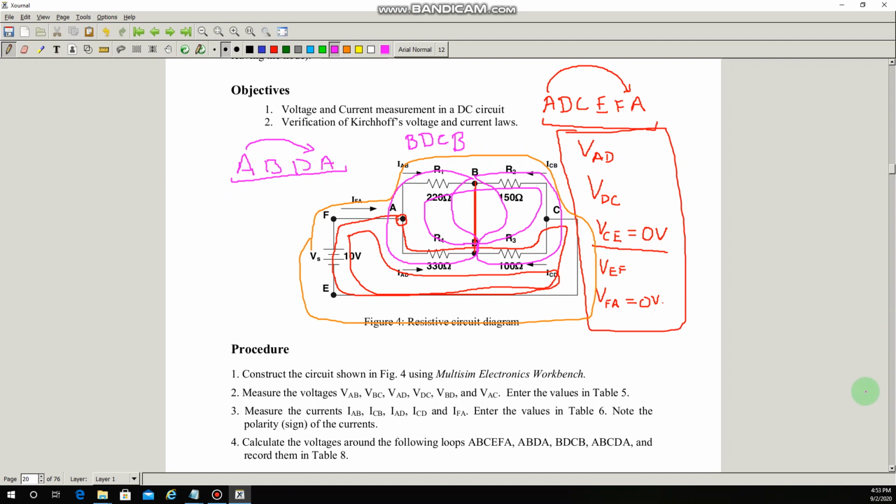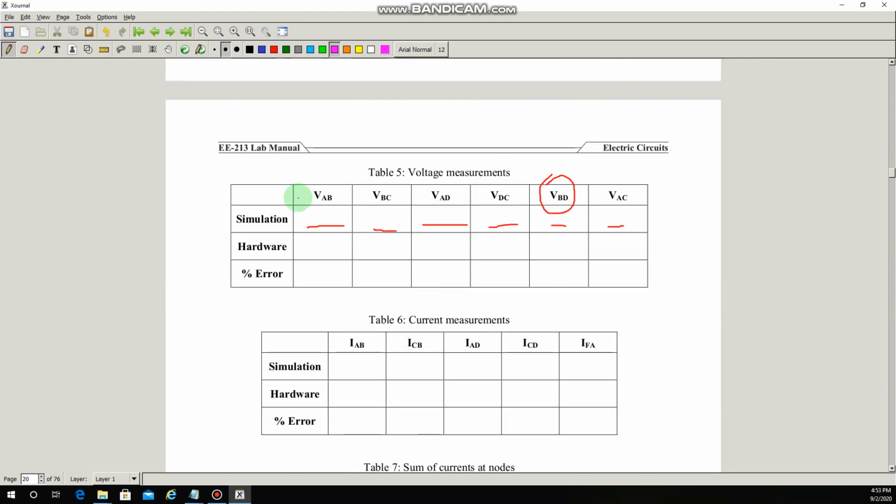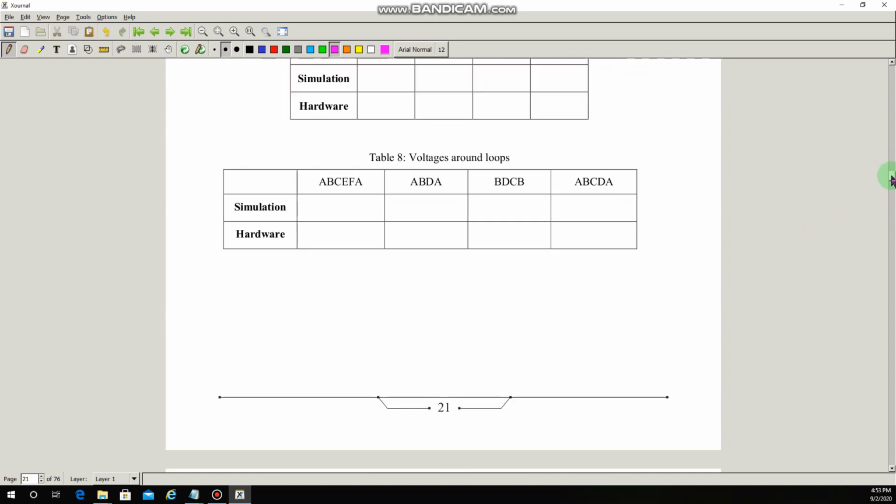Okay, let's move to the table. Here we have VAB, VBC, VAD, VDC, VBD, and VAC. We can use all of these quantities to verify KVL, and in order to do that, we will have to go to table number 8. In table number 8, 4 different loops are given. Let's talk about the first loop, ABCEFA.